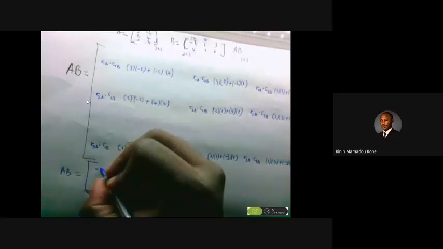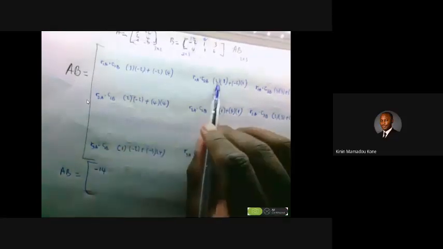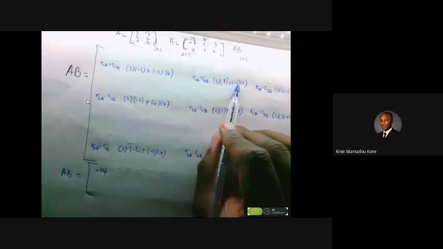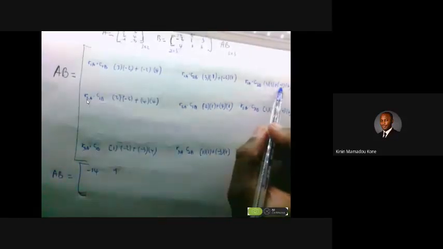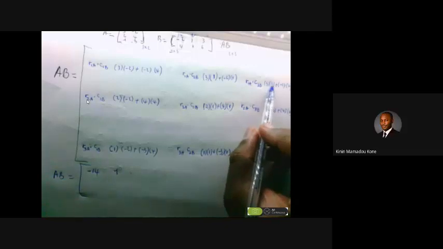Okay. Now I'm going to write it down in terms of numbers. So negative 6, negative 8, negative 14. And 3 minus 2 is just 1. 9 minus 12 is negative 3.